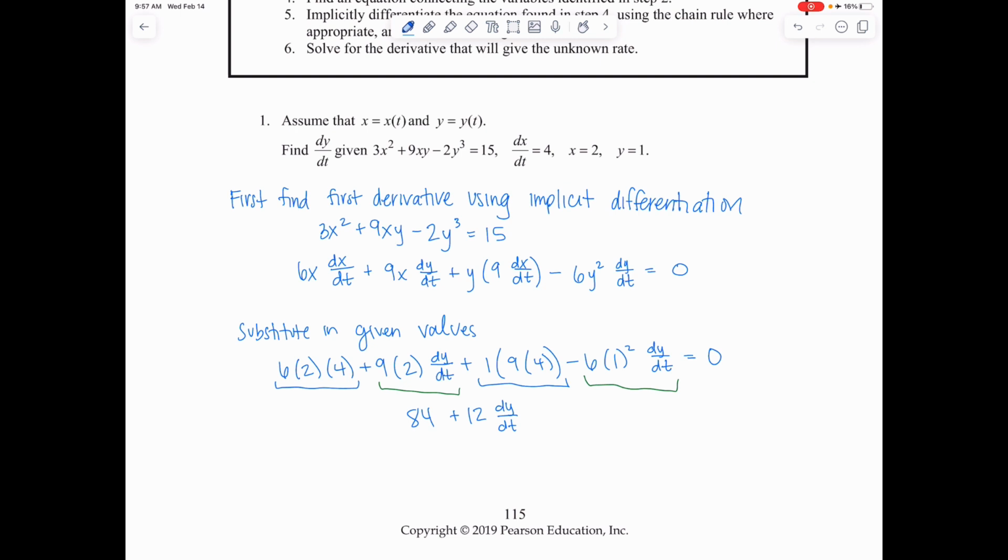So we are combining our like terms here, and we want to solve, so we'll move the 84 over. 12 dy/dt equals negative 84, divide by 12, and so our dy/dt is a negative 7.